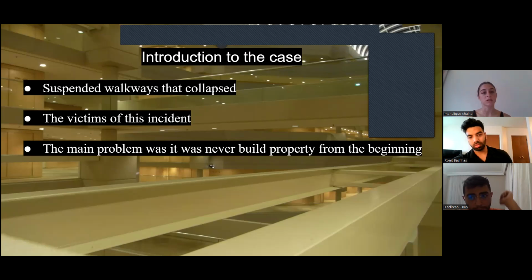This happened while hosting a videotaped tea dance party in one of their lobbies. The guests were dancing under suspended walkways, not expecting them to collapse, and the connections that were supporting the ceiling rods that helped support the second and the fourth walkways collapsed, causing the death of these people.